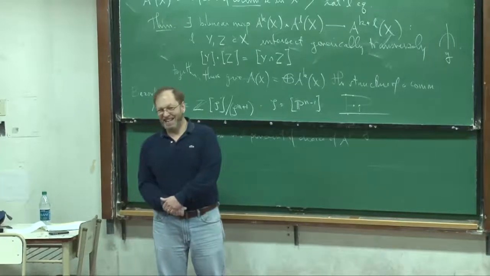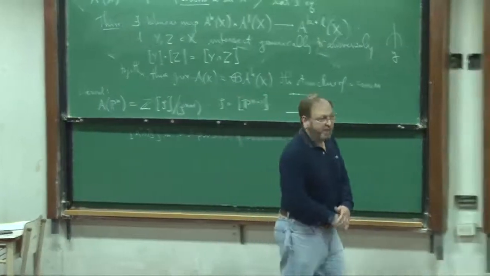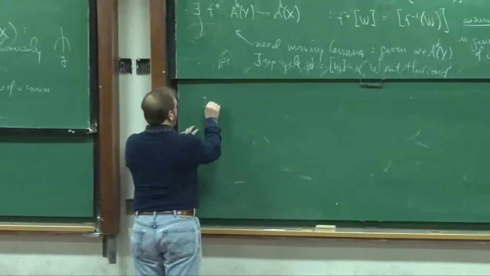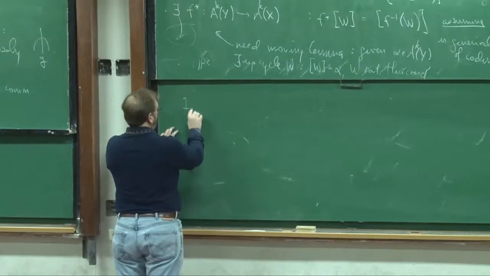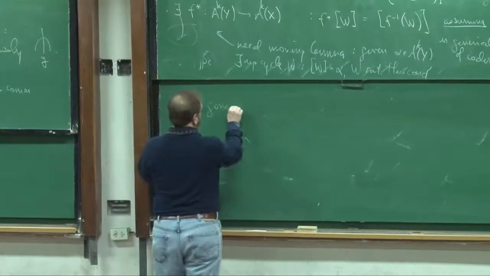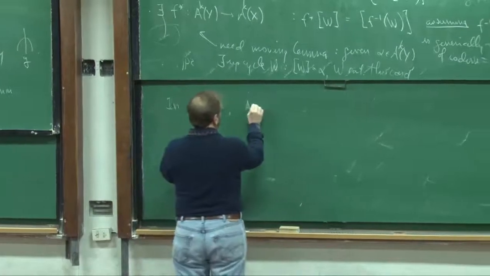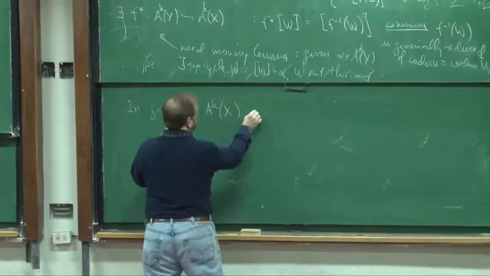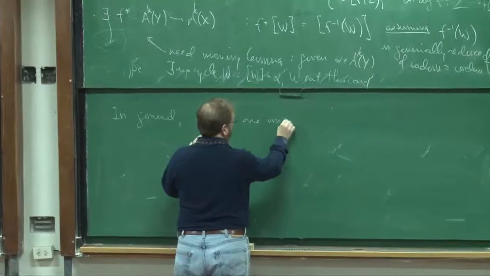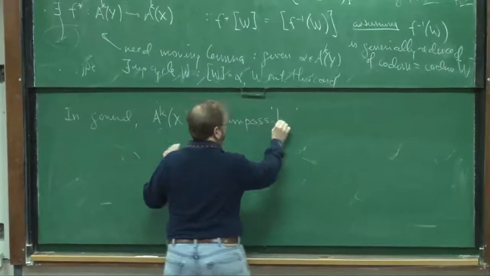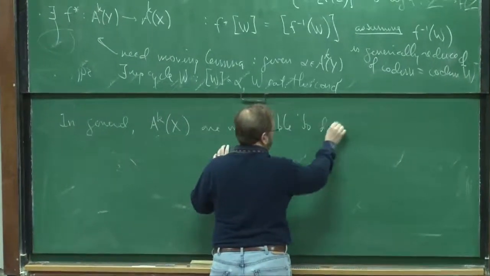And I want to stand by that statement. Okay, so I want to just make this comment. In general, Chow groups A_k of X are impossible to determine.